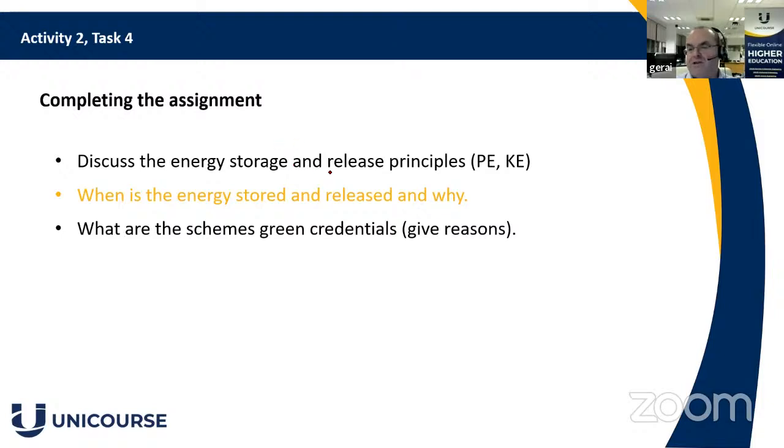And then it's released as and when the energy is needed in a hurry. I want you to discuss when the energy is stored. So it's stored overnight, and when it's released and why it's released. We just discussed that, and it's released to try and keep the frequency of the grid to meet the sudden increase in demand.